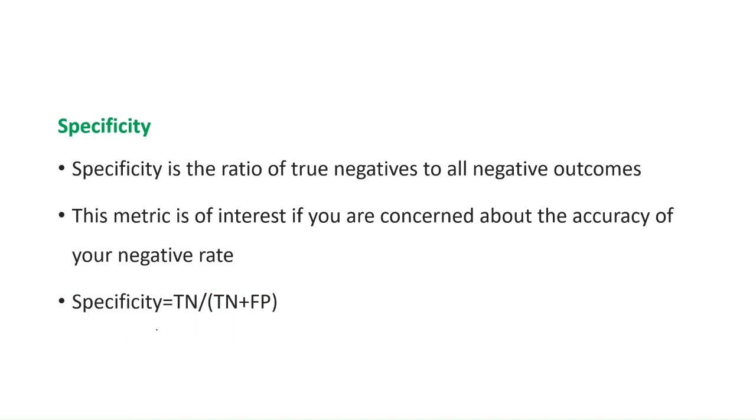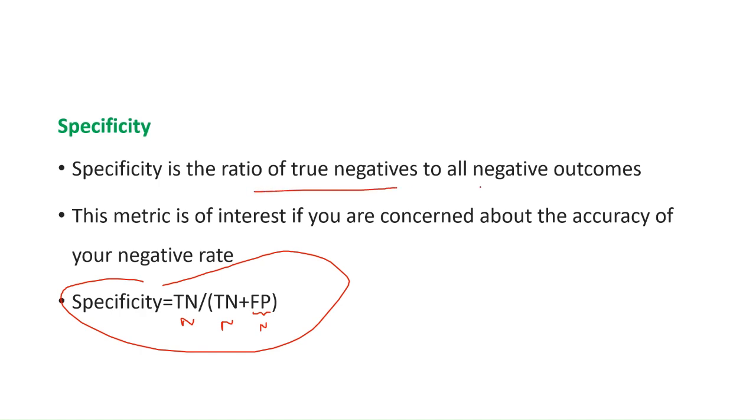Total negative means this FP is also negative. Now, how many are truly classified as negative? So this is specificity, the ratio of true negatives to all negative outcomes. If you are interested in calculating this, you go for it.